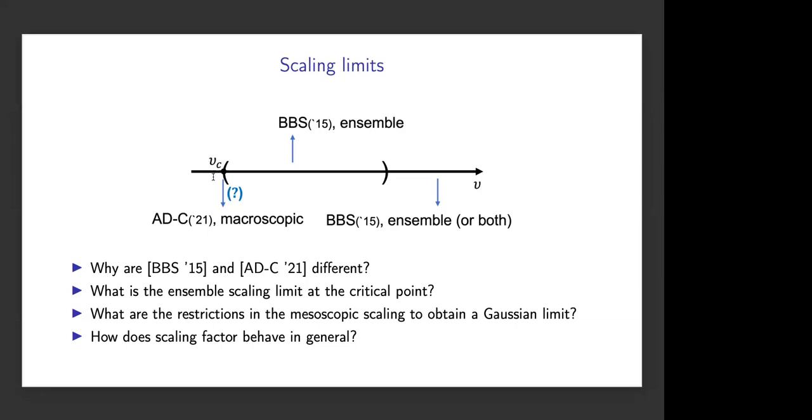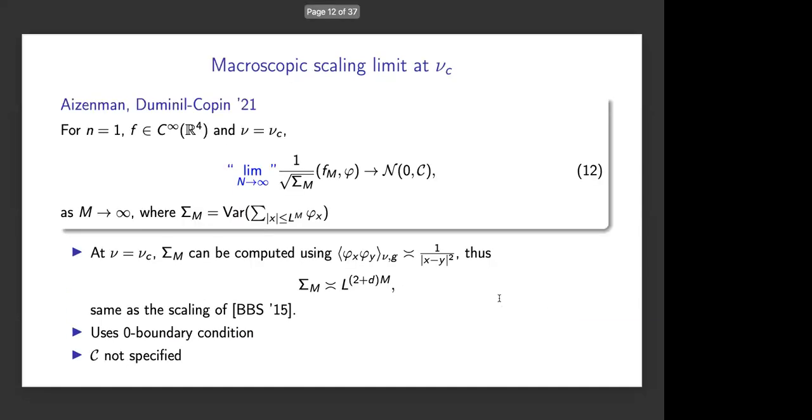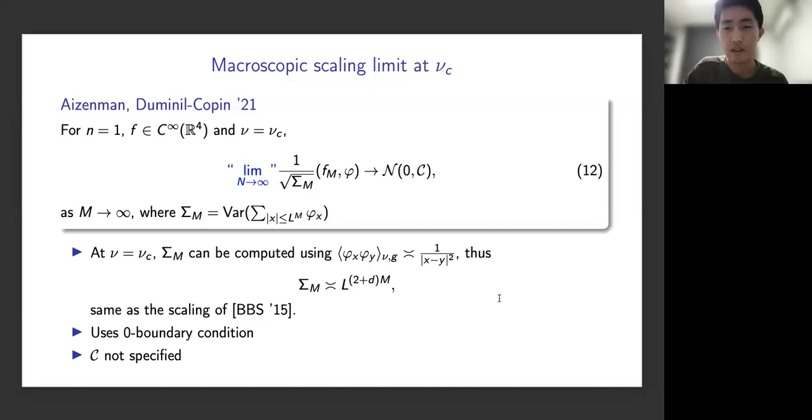Can I ask a clarification? Sure, just on the previous slide. Here, am I thinking of phi as a collection of n to the d points, or as a field in R^d? They are lattice points.